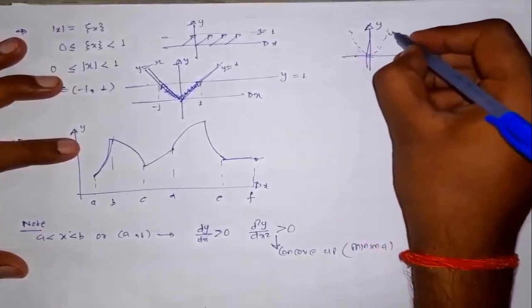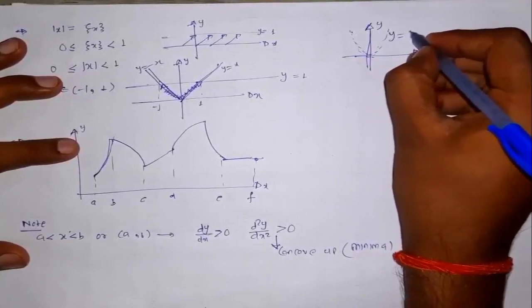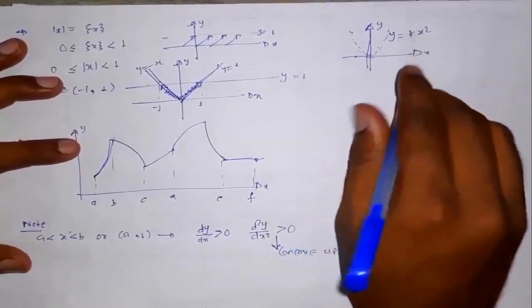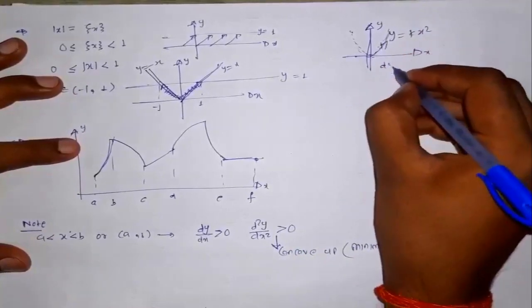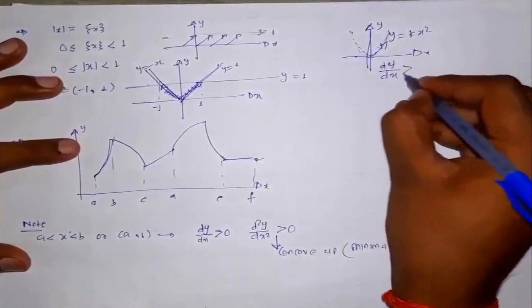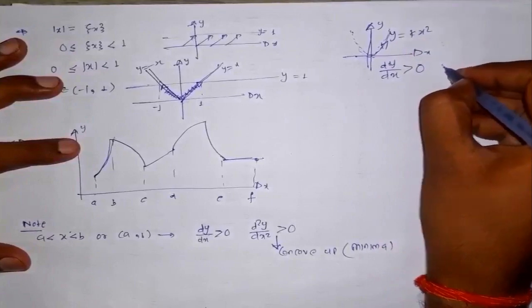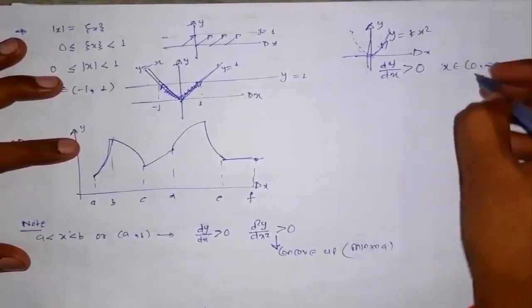So for this graph, dy by dx will be positive for each and every value of x belonging to 0 to infinity. We can check actually.